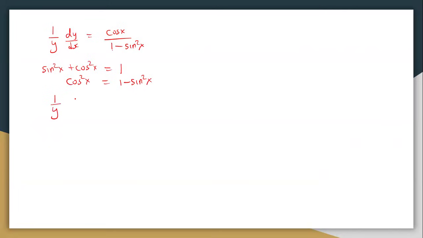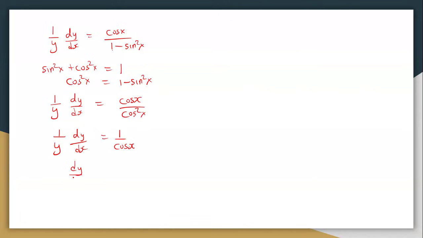So I will say 1 out of y dy dx will equal cos of x divided by cos squared x, which you can now go on and say 1 out of y dy dx will equal, now cos x out of cos squared x is the same as 1 out of cos of x. Since we want dy dx, we remove our y.